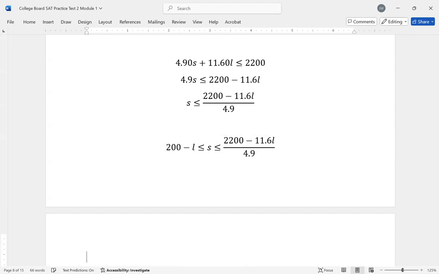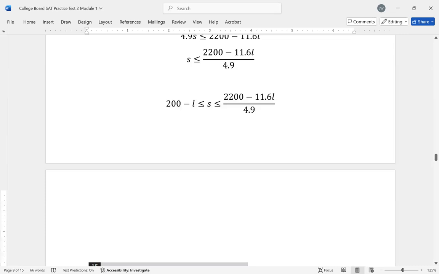So in other words, we drop out the S, and we just notice that this is forcing us to have 200 minus L less than or equal to that fraction.